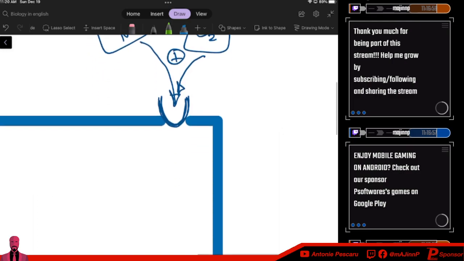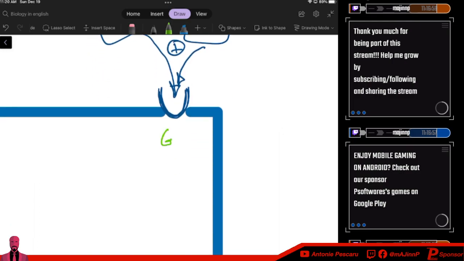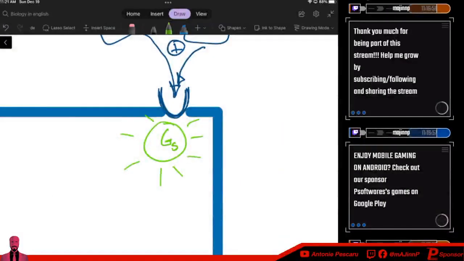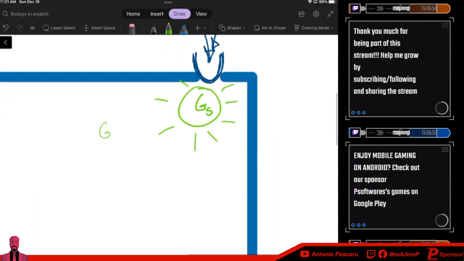But it activates another, it turns on a G-stimulatory protein, but this time what's going to happen is that GTP, not GDP, but GTP keeps the G-stimulatory protein off. So what it's going to do is remove a phosphate, transforming it into GDP, which is going to turn this protein on.